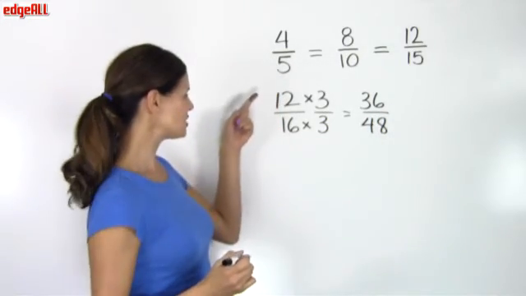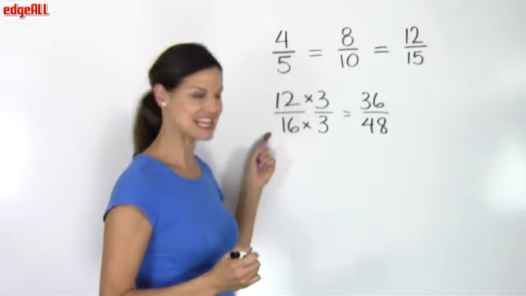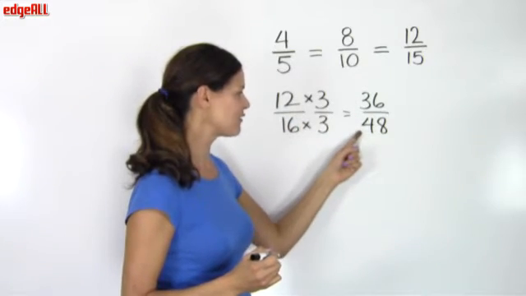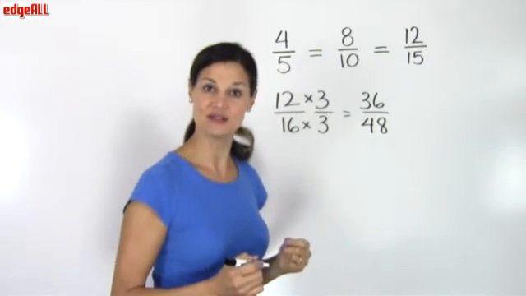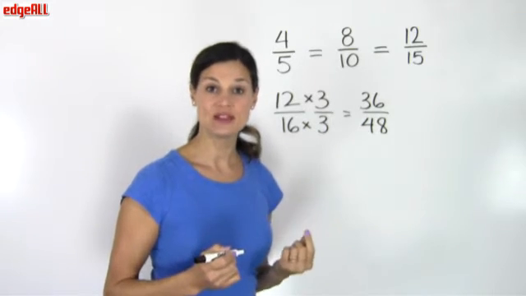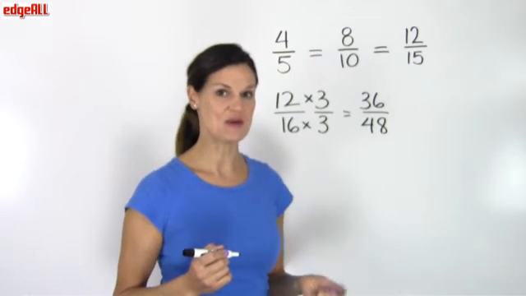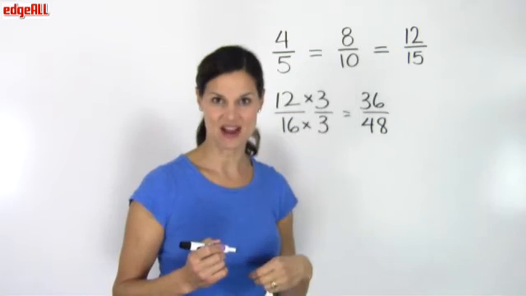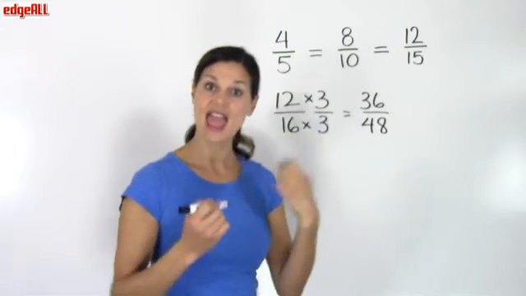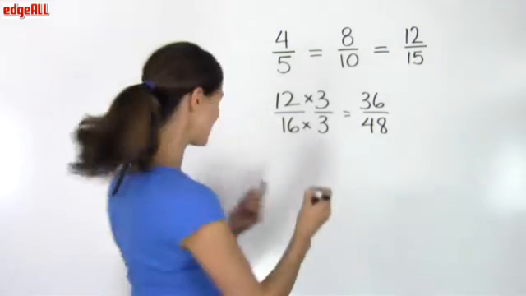And so this shows me that 12/16 and 36/48 are equivalent fractions. Similarly, I could divide both my numerator and my denominator by the same number and create another equivalent fraction.